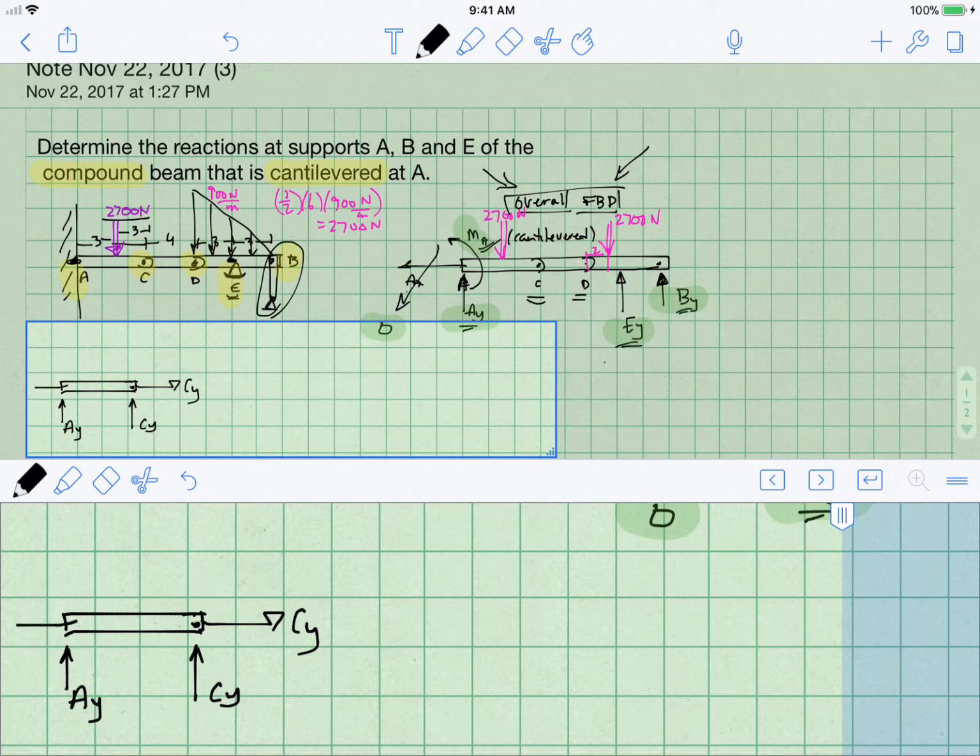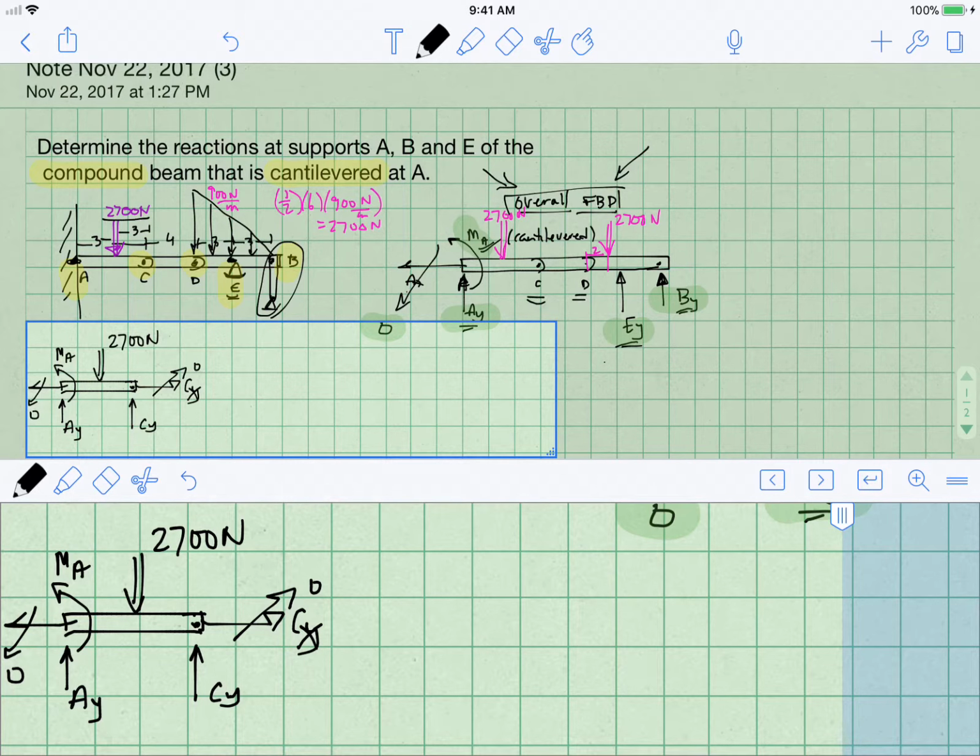Remember, AX we'd already found was 0, and therefore CX will be 0. Then I've got to add in my moment and the load, so we have the 2,700 newtons coming down. I can't make much progress here yet because I only have 2 remaining equations and I have 3 unknowns, MA, AY, and CY.